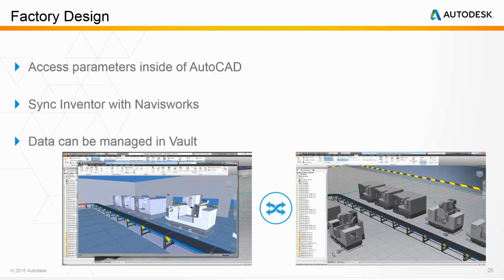Furthermore, you've now got the ability to sync the Inventor model with Navisworks. And also, if you're using Vault, like many of our customers are, this data can all be managed using Vault as well. So again, some nice improvements there to the factory design workflow.